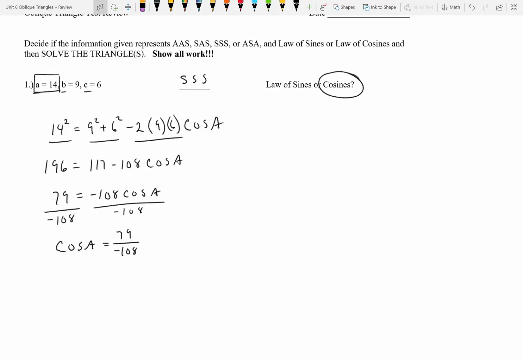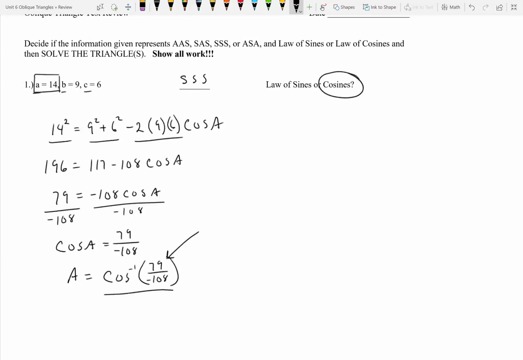Next thing we do is we isolate the A by taking cosine inverse of both sides. So we get A equals cosine inverse of 79 over negative 108. And this is what we'll put in our calculator. Do not put this fraction in your calculator first and round it.